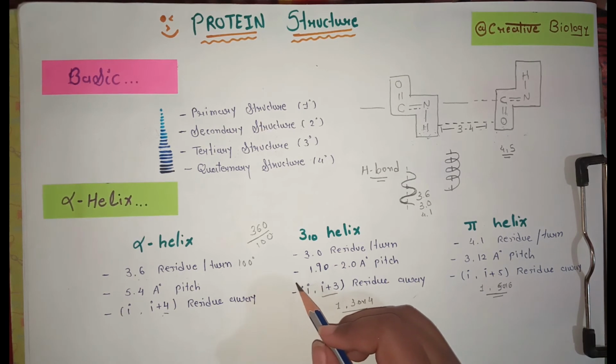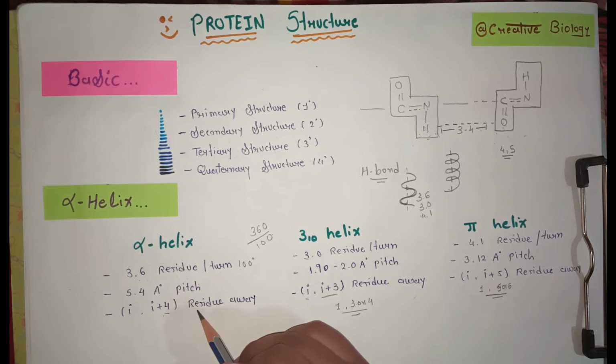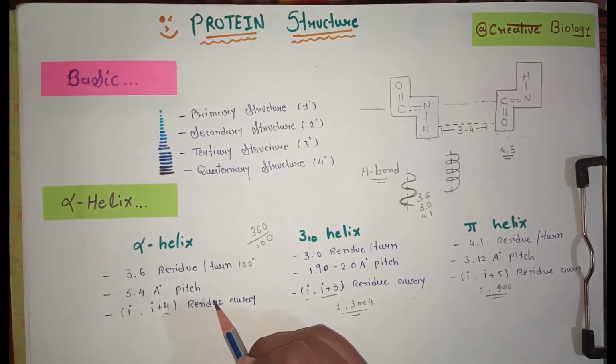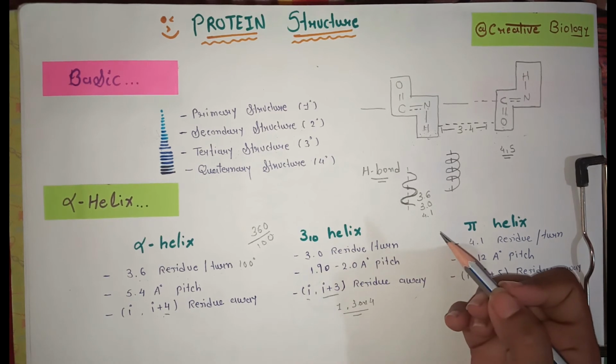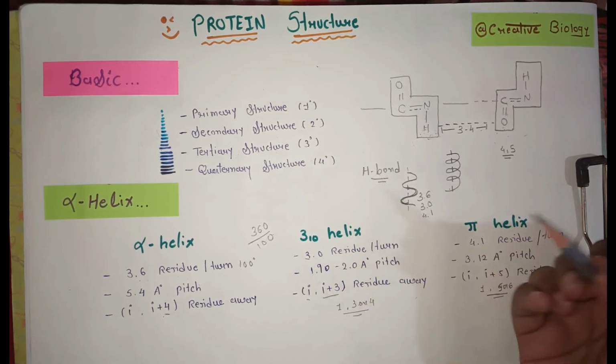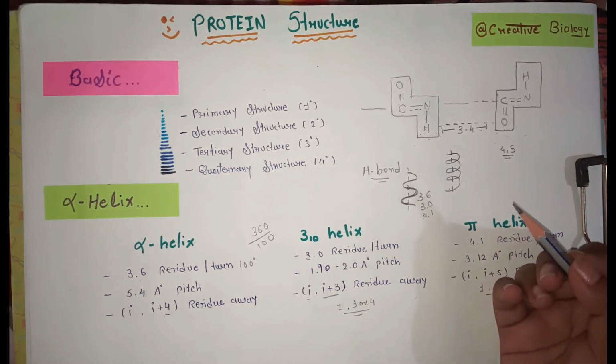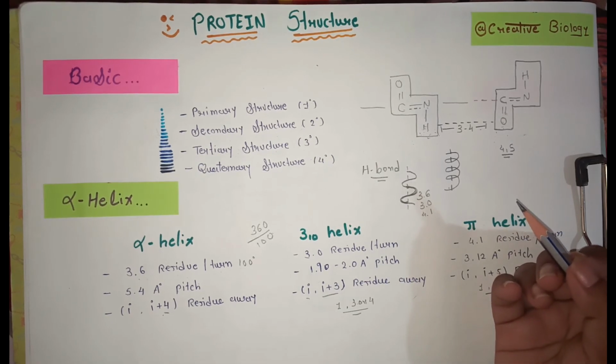Remember that in most cases you find the right-handed alpha helix in protein secondary structures, while the others are found but in very much lesser amounts. Now, what type of amino acids make which type of secondary structure is a major question asked in competitive exams.